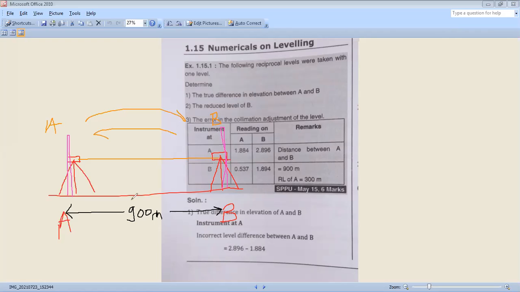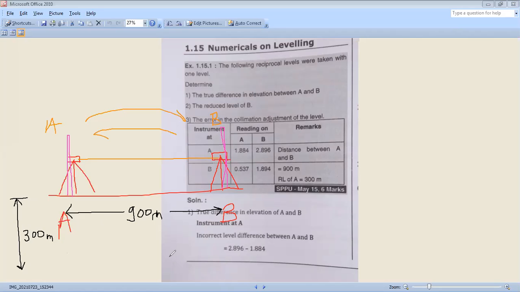Now reduced level means the reading from the MSL, the reading from the 0 point. 300 meter is the RL of A.